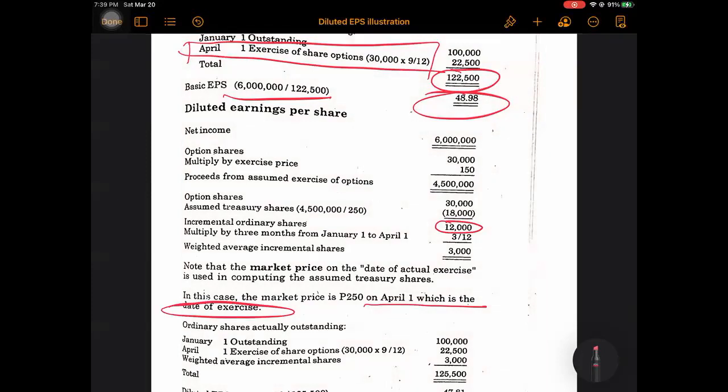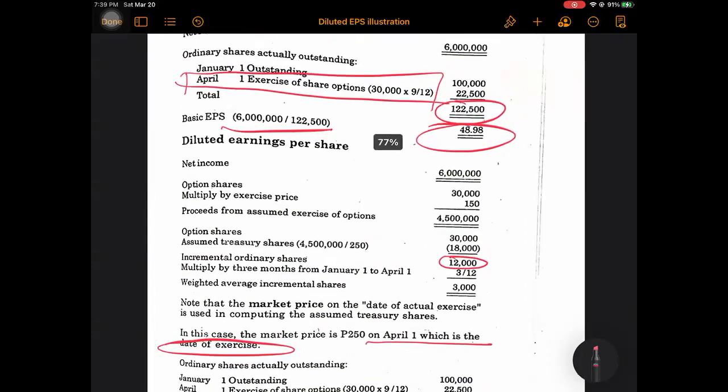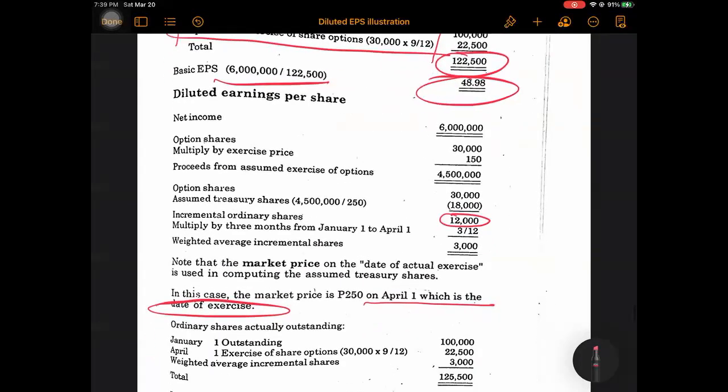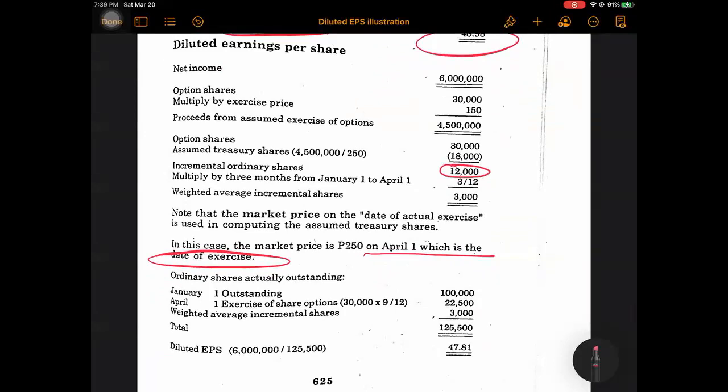Since this is the exercise, the market price in April is the date of exercise. To compute the average shares for the diluted earnings per share: outstanding, 100. Exercise of share options, that's 9 over 12 from the date of issuance, so that's 22,500.